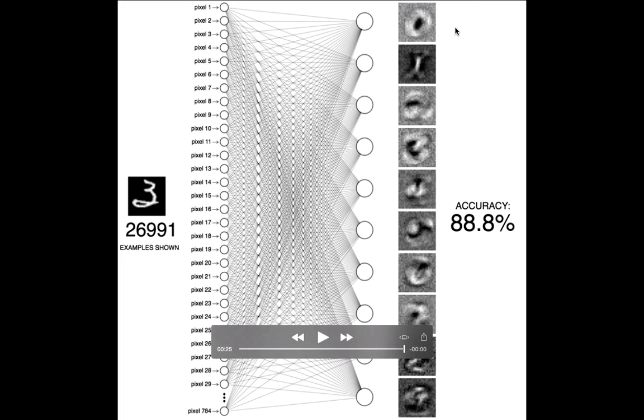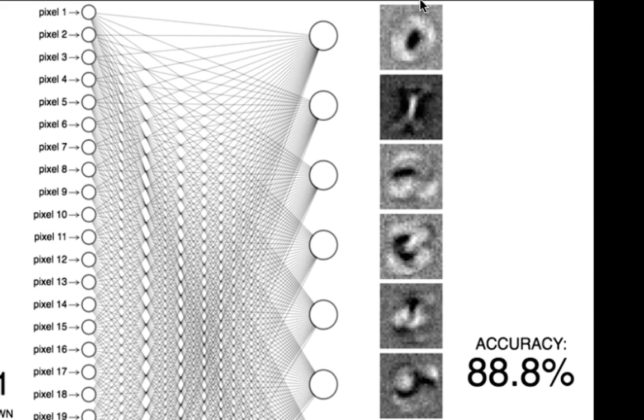One way of doing that is to adjust the weights so that pixels which tend to be on in zeros have high weights, and pixels which tend to be off in zeros have low weights. That's why you see a hole in the middle that's black, and brightness around where zeros tend to happen.